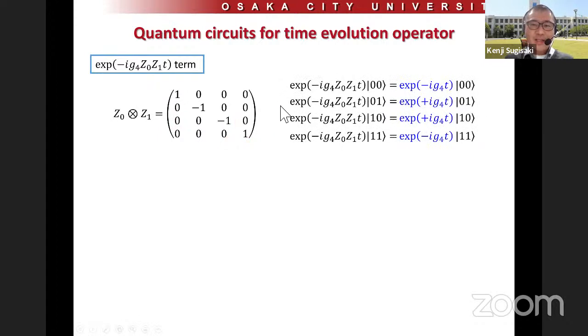So if we apply this operator to the 0 0 state, it returns the phase exponential minus i g4 t. Also, if we apply this operator to the 1 1 state, again the exponential minus i g4 t phase can be obtained. And if we apply this operator to the 1 0 or 0 1 state, it returns the phase exponential plus i g4 t.